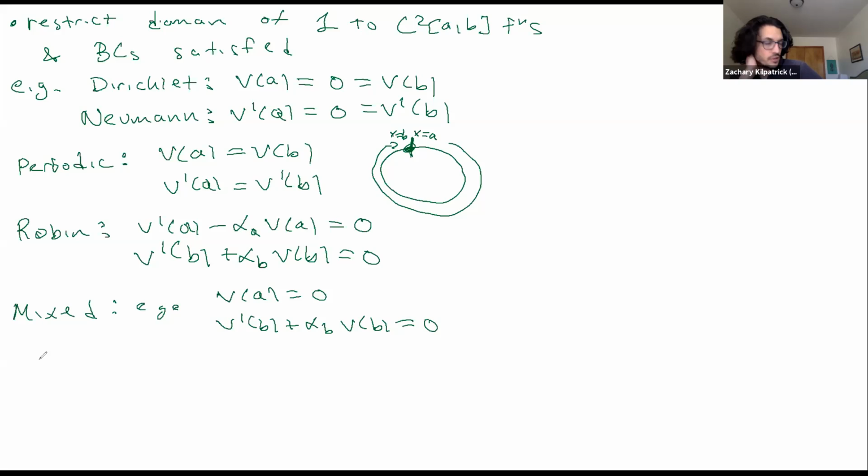I'm trying to think if there's some strange situation where you might have a periodic boundary condition plus some other condition. You could probably cook up PDEs where you would have a combination of periodic and other boundary conditions. But yeah, you expect those to come together usually. Certainly they will in this class.